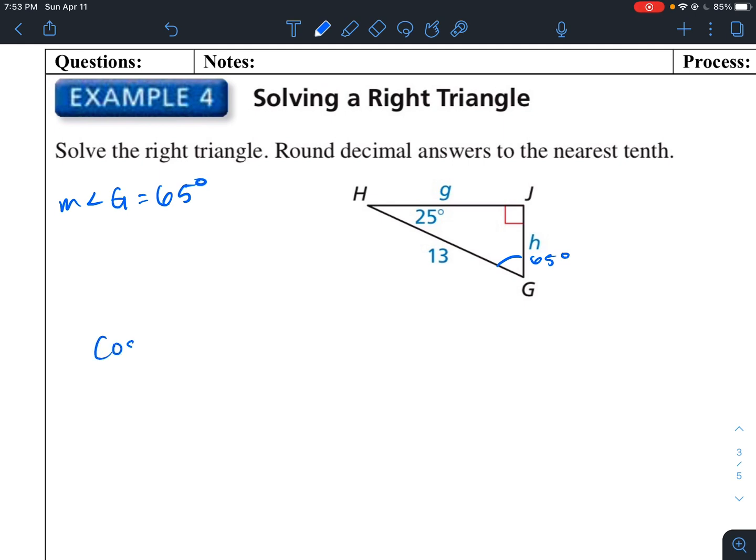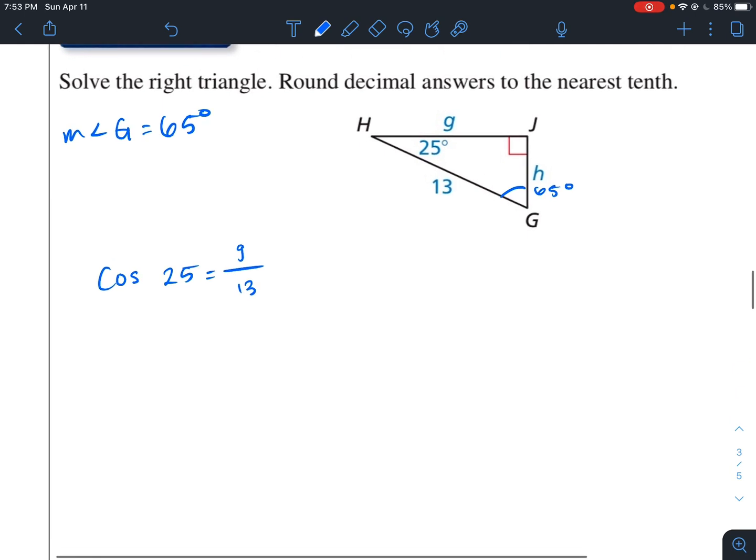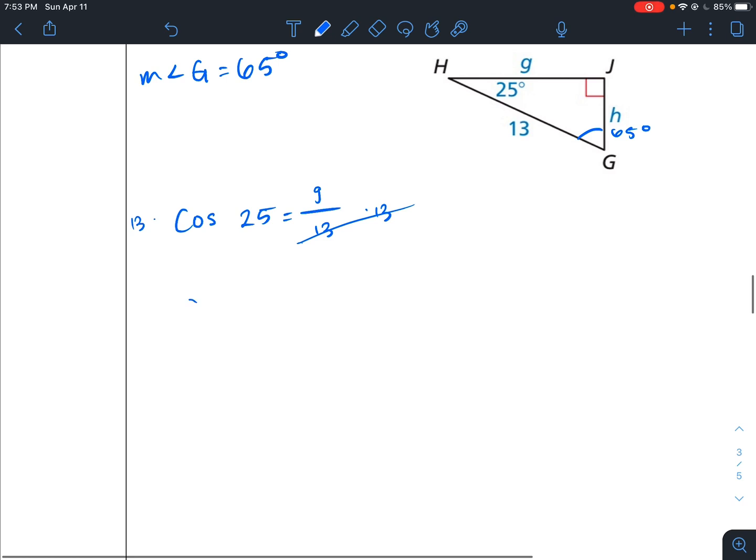So if I do cosine of 25, that is equal to the adjacent, which would be side length g divided by 13. Now this is stuff that we covered in the previous couple sections. So I'm just going to solve for g by multiplying by 13. So g is equal to 13 times cosine of 25.